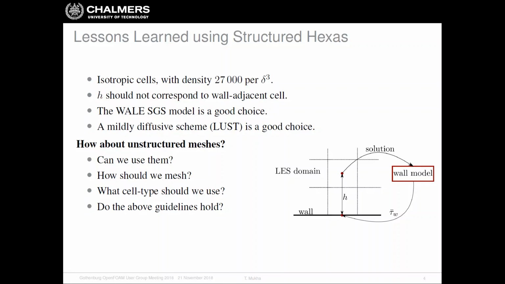Now the third point is regarding subgrid scale modeling, and we haven't tested that many models, mostly focused on Smagorinsky, WALE, and also tried to use implicit LES. The conclusion is that the WALE model seems to be a good starting point. At least it's a good choice. It's not too diffusive, but it's diffusive enough to get the momentum redistribution in the boundary layer right, because without any SGS model, things actually don't work in wall-modelled LES.